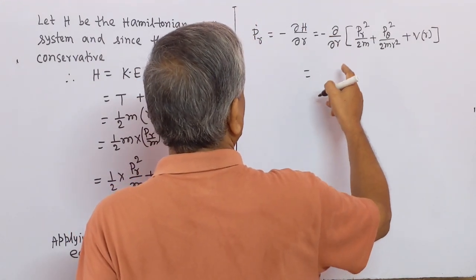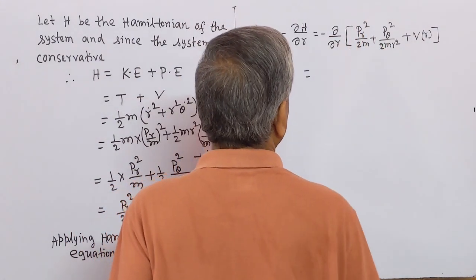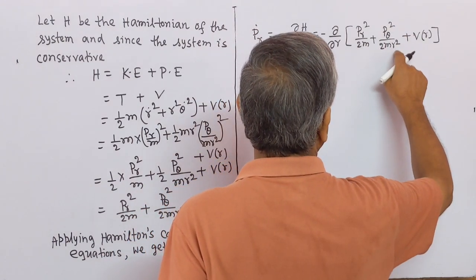This is equal to, here we have no R, here we have R square in denominator.